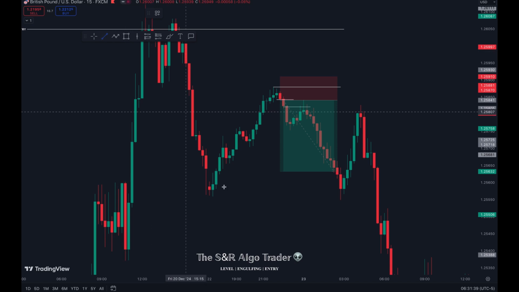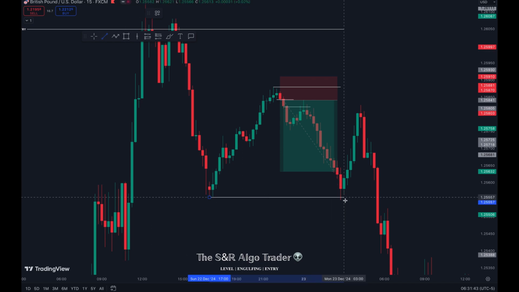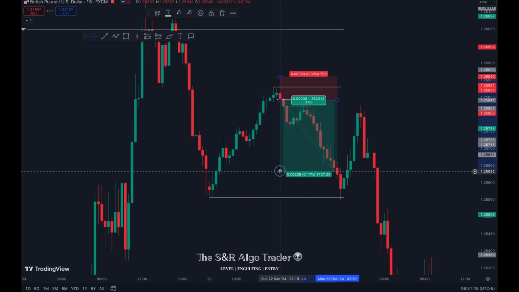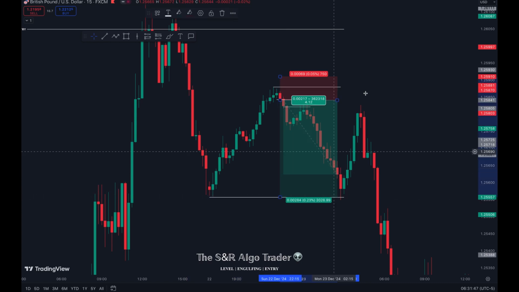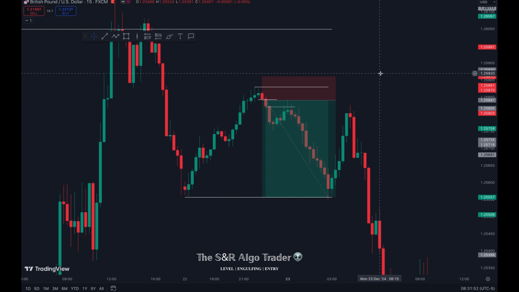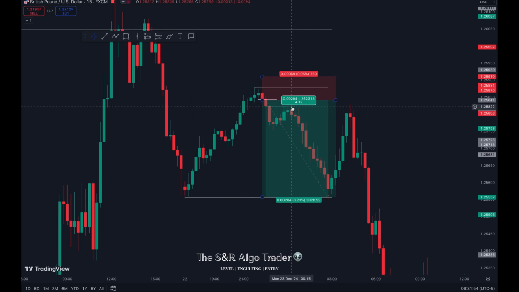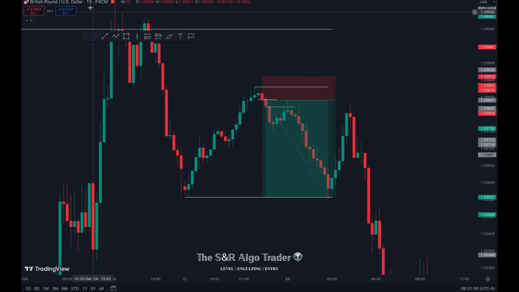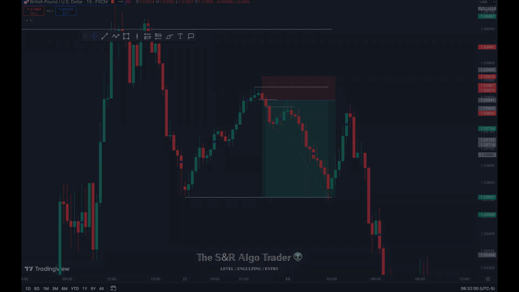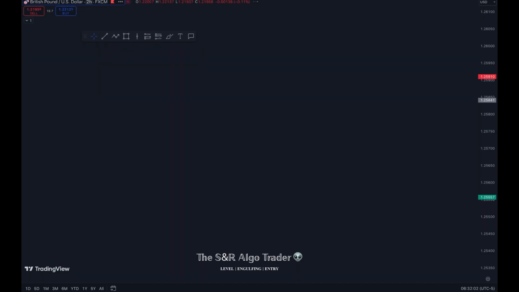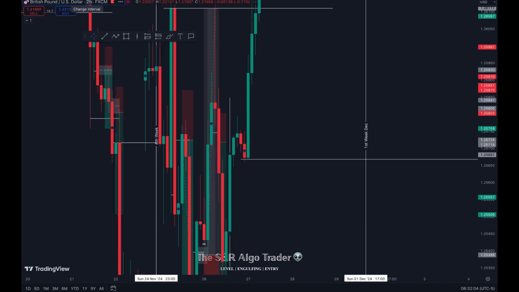This liquidity zone can be your first TP. First TP is here on a 15 minutes time frame. With this level I was picking, but mostly you will also go to your 2-hour time frame and search for the next support level to place your take profits.